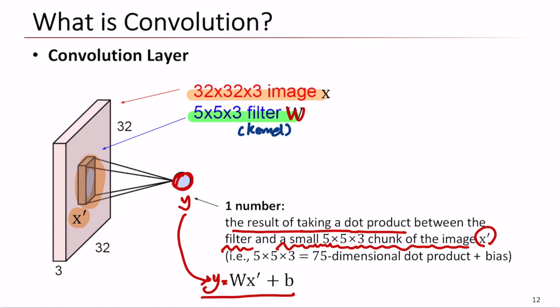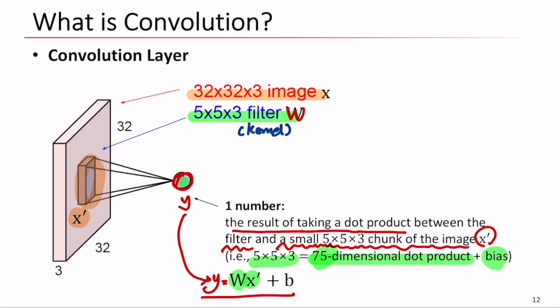We'll talk about how to compute the dot product between a 5 by 5 by 3 tensor and a 5 by 5 by 3 tensor. But one very simple method is just to flatten it. So as a 1D vector, it's going to be a 75 dimensional vector dot product, with a single bias term, similar to the neural network.